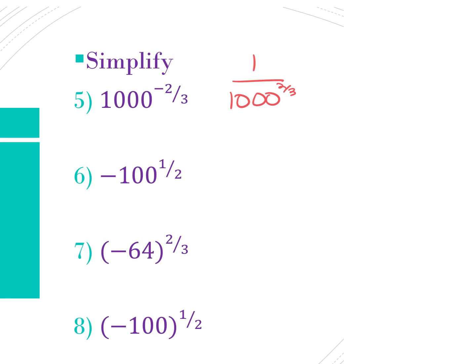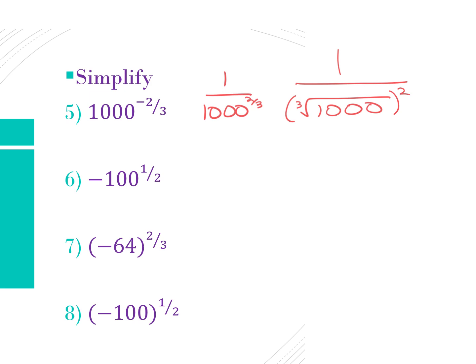And now I'm going to find the third root, or the cube root, of 1,000. After I find that, I have to square it. But remember, it's still underneath that 1. So the cube root of 1,000 is 10. And then I'm going to square it, and then I get 1 over 100.